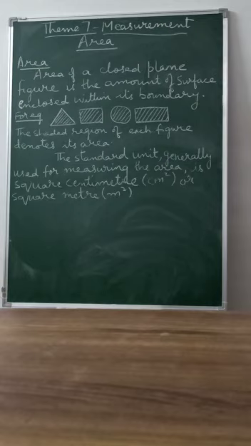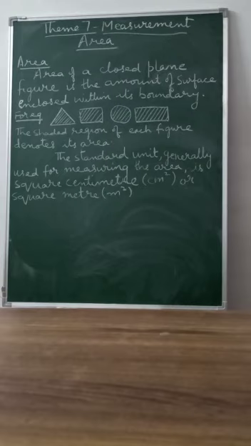What you need to remember is that you have to write raised to the power of 2 on top of the unit, which shows that you are multiplying the length with the breadth, or the side with the side, that is, multiplying 2 numbers and 2 units. That is why it is written raised to the power of 2, and we read it as centimeter square or meter square. Okay, please revise what I have explained one more time so that you understand it better.